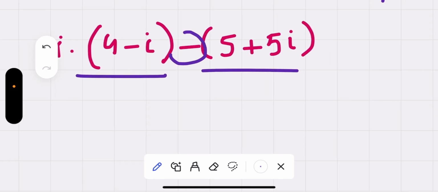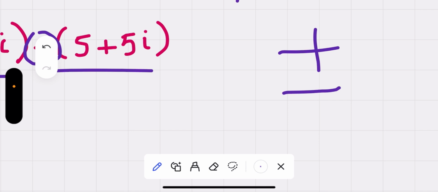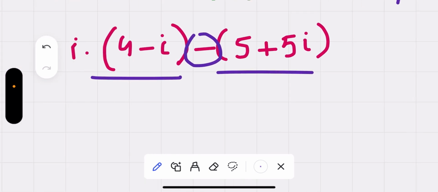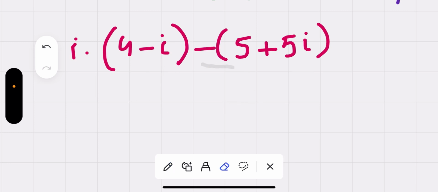There is a simple rule for addition and subtraction: real parts will be added or subtracted with real parts, like 4 and 5 in the above question, and the imaginary part, negative iota, will be added or subtracted with the imaginary part, 5 iota. Okay, so let's get started with this question.